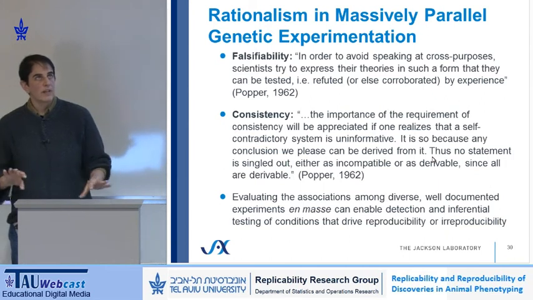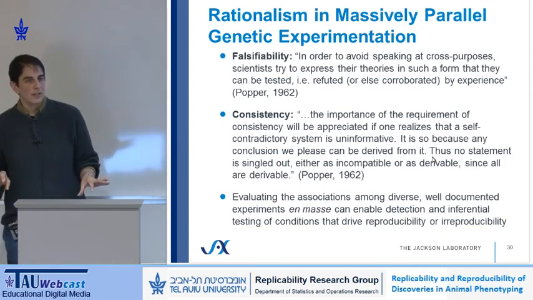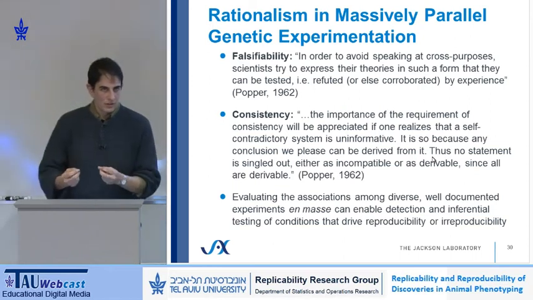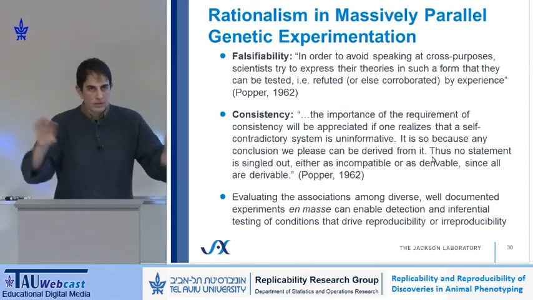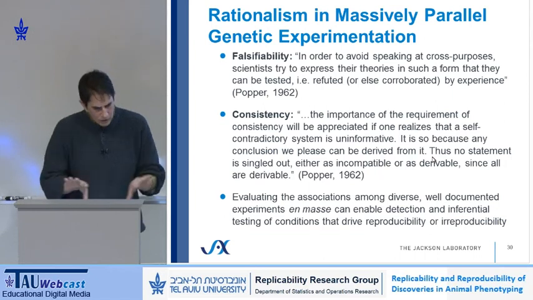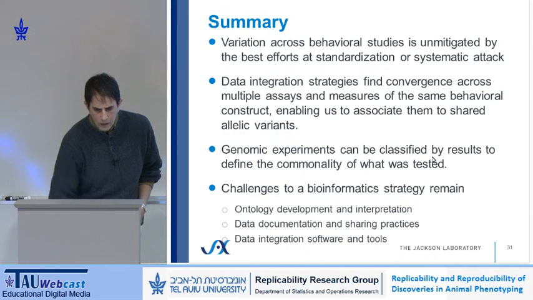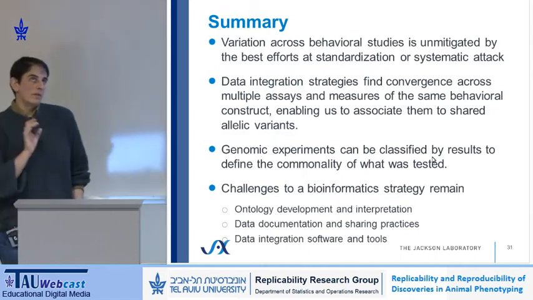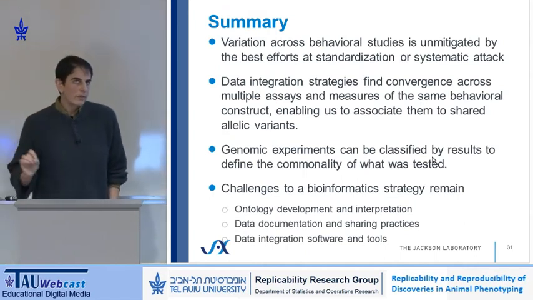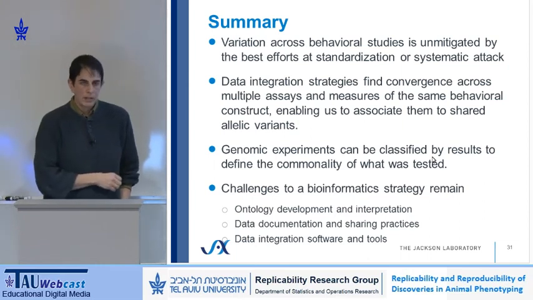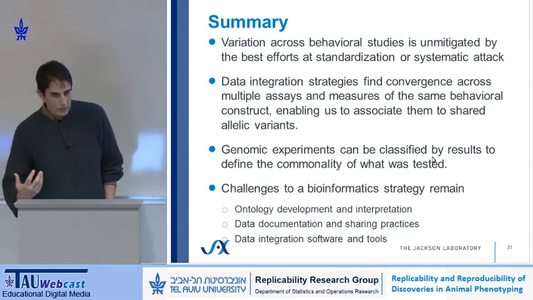If we classify the experiments by their results, we can then ask what the experiment was, rather than assume that we're reducing all these other explanations. So we're just sorting out the experiments.